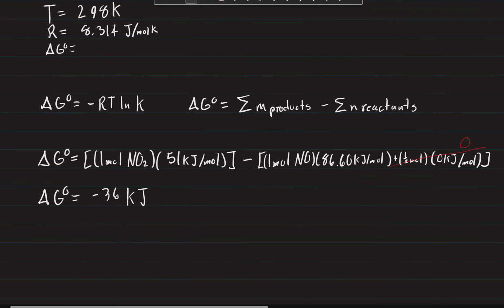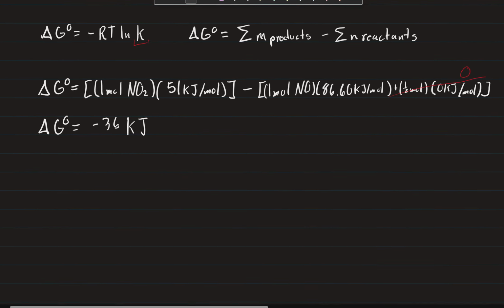Now the only unknown that we have in the equation is our K, so that's what we need to look for. Let's rewrite this equation so we can find our K. Natural log of K is equal to negative delta G over RT.